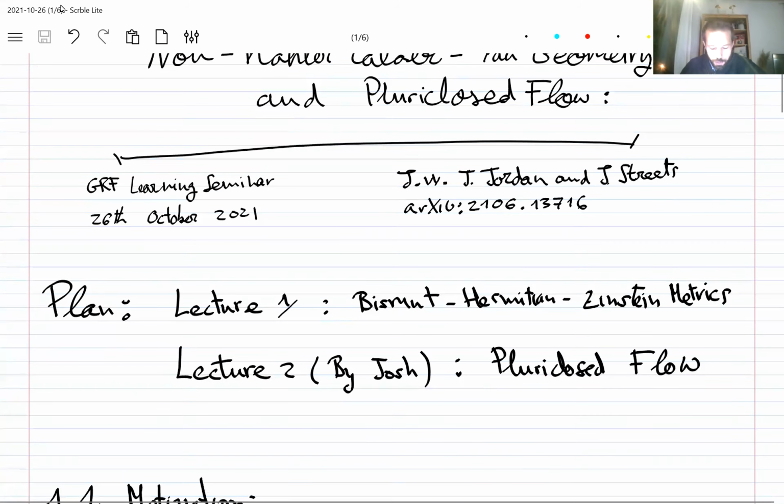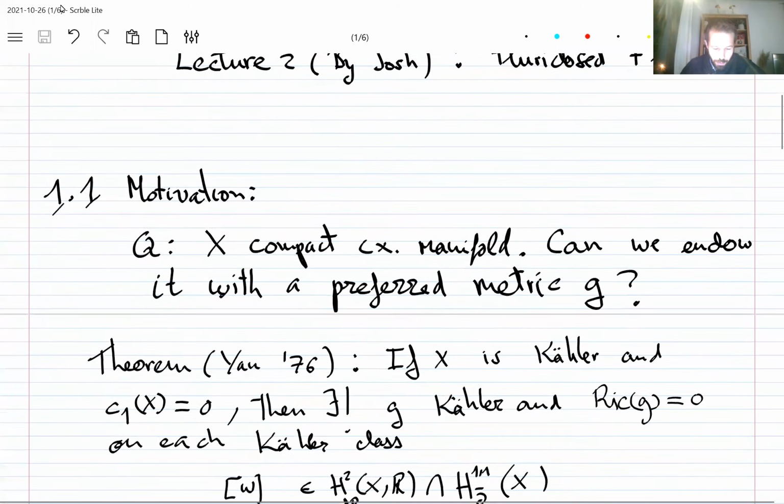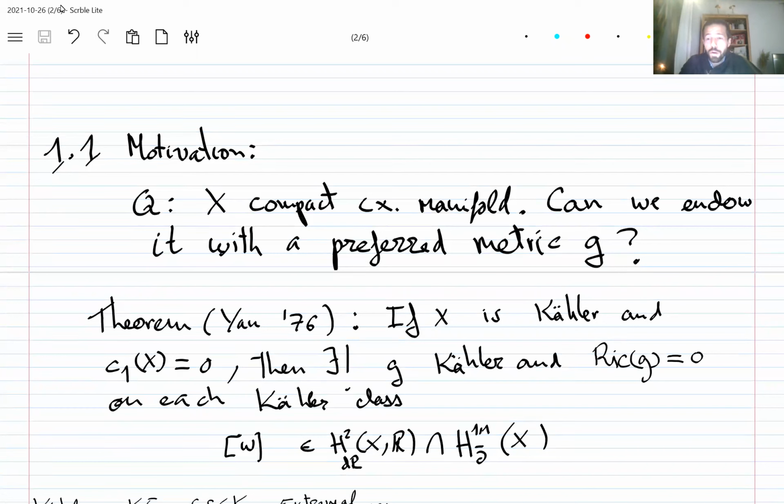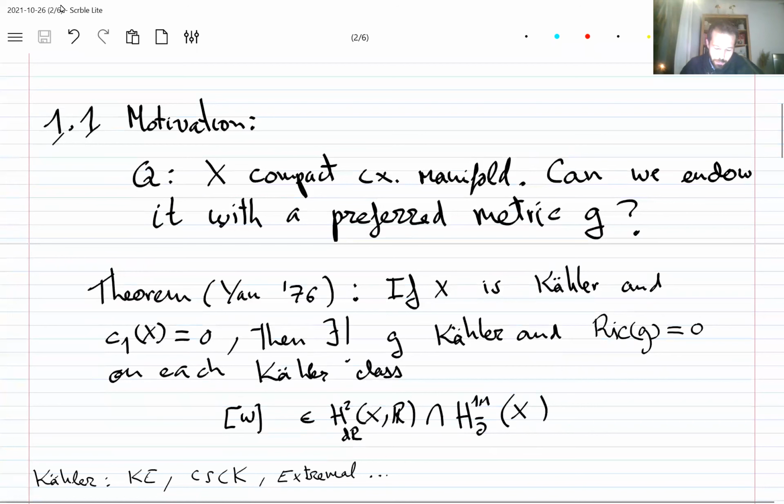So I would like to start with some general motivation. If you're given a compact complex manifold, the natural question is whether you can endow it with a preferred geometry, with a preferred metric. The type of result I'm thinking about is along the lines of this result by Yau, who, solving the Calabi conjecture, proved that if you impose that your manifold is Kähler, and furthermore that you have a vanishing first Chern class, then there exists a unique Kähler metric which is Ricci flat in each Kähler class.